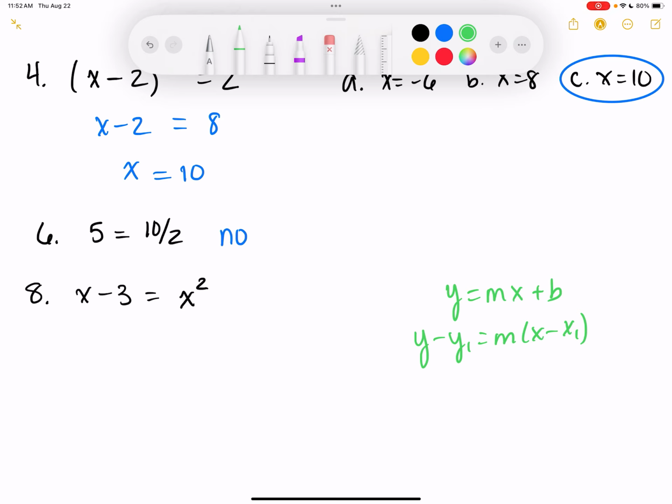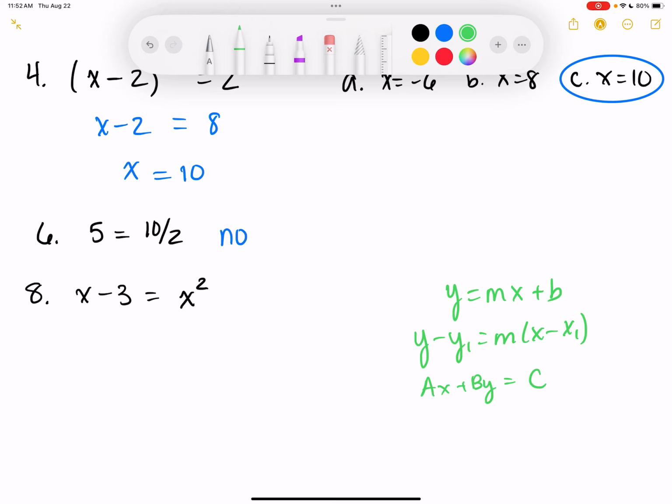Okay, or standard form, ax plus by equals c. If it doesn't look like one of those forms, or some variation of that, it's not a line.